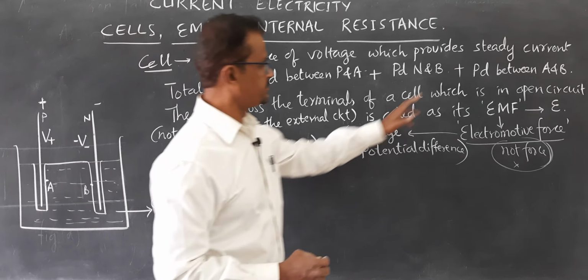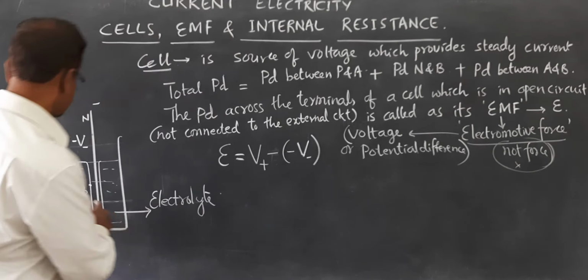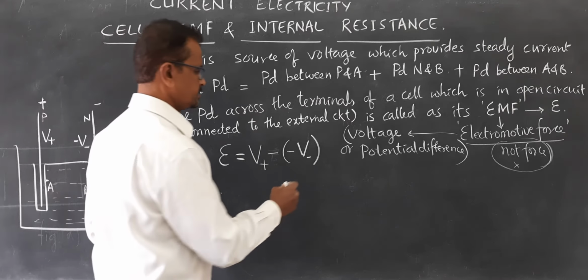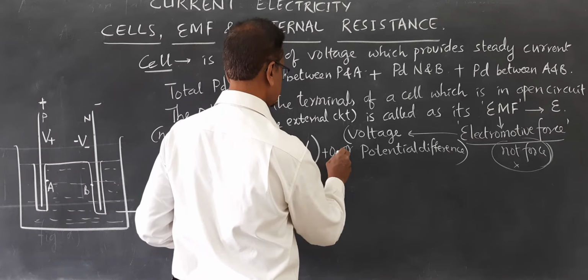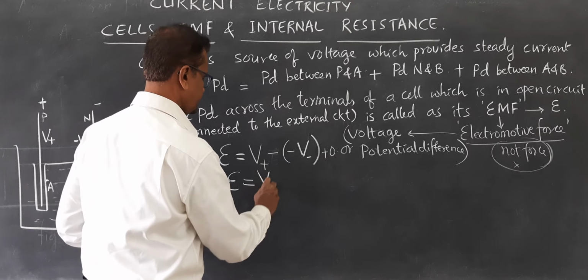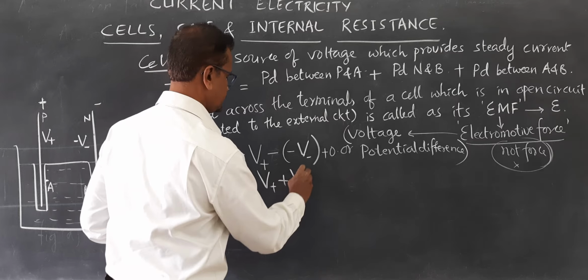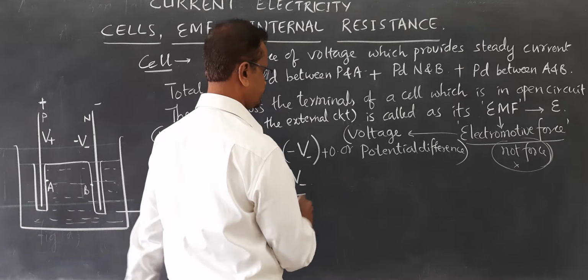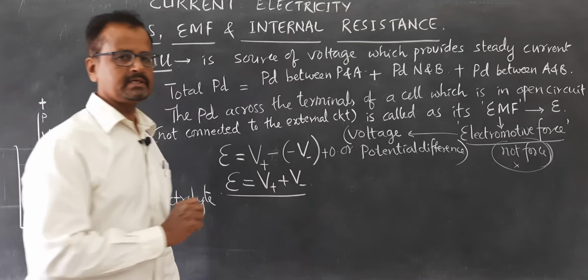Now, what is the potential difference between A and B? At present it is 0, because no current flows. Therefore, EMF E is equal to V plus plus V minus.